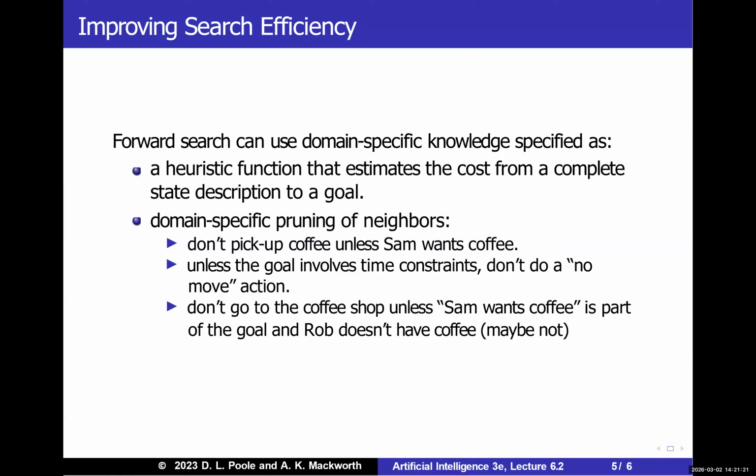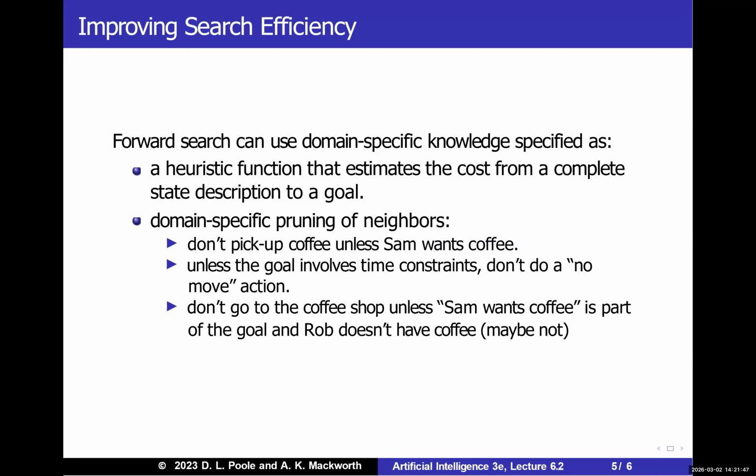Now, even in deterministic planning, brute force search can become expensive. So we often incorporate heuristics or domain knowledge to guide the search. A heuristic function estimates how far a given state is from achieving the goal. It doesn't need to be perfect, it just needs to provide guidance. We can also prune obviously unhelpful actions.